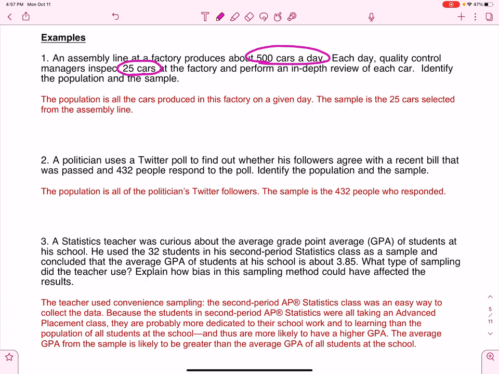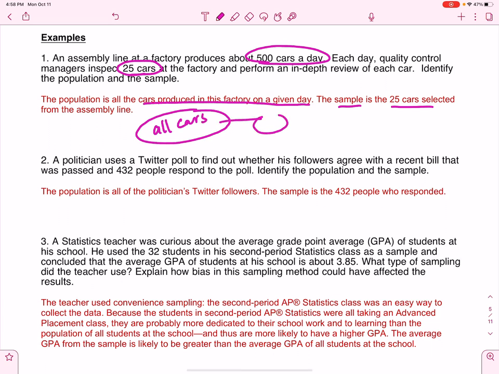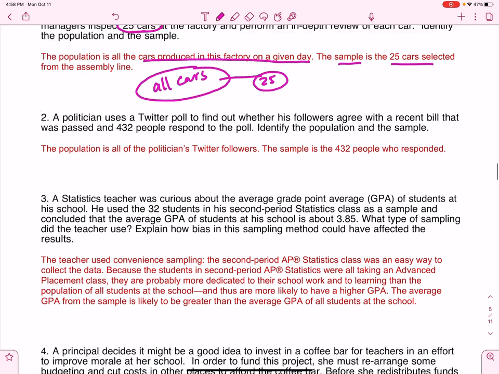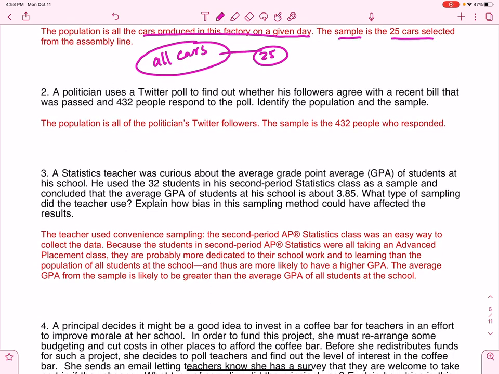Your population is all the cars produced in a given day, and your sample would be the 25 cars you select for quality control. So the sample comes out of the population: you've got all the cars for one day, and you take 25 of them out.